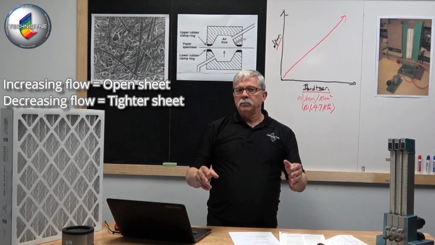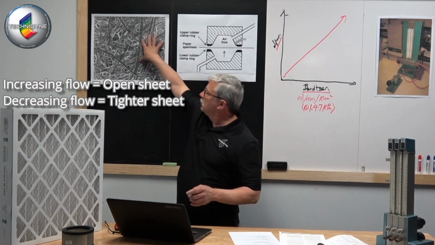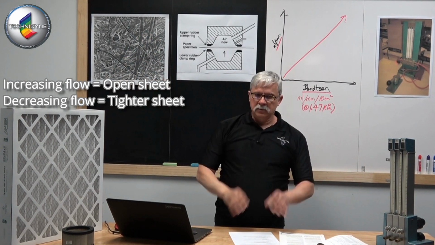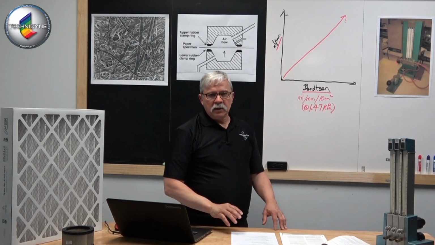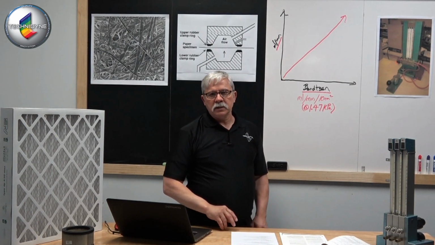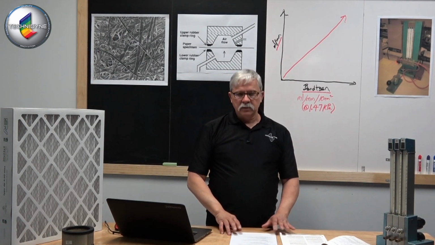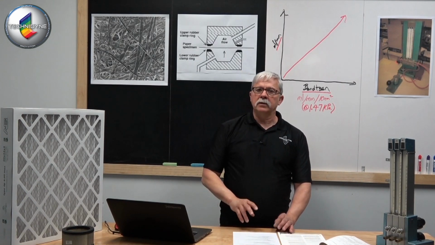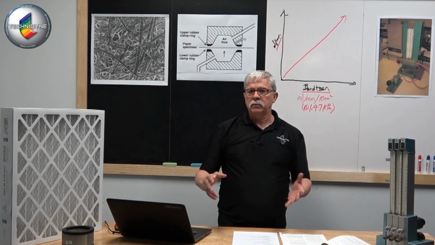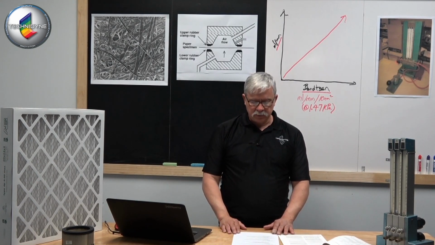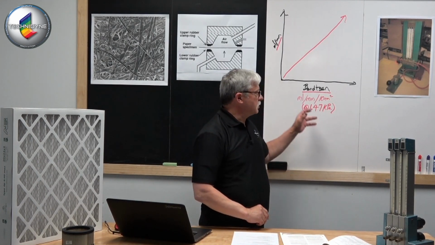If my sample measurement is going down, my web is tightening up. As I mentioned, the original range was somewhere around 0 to 1,000. The later models extended that up to roughly 3,000 milliliters per minute per 10 square centimeters.